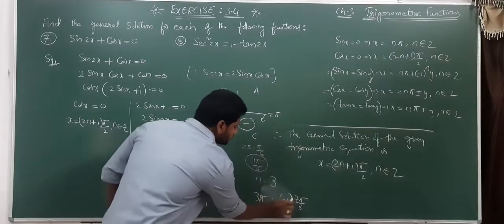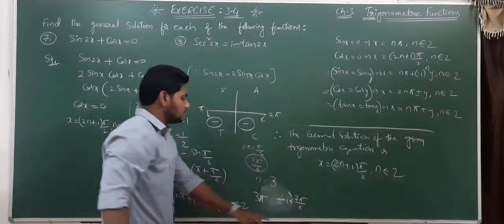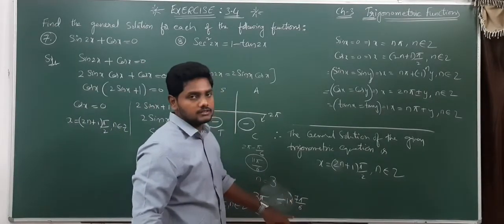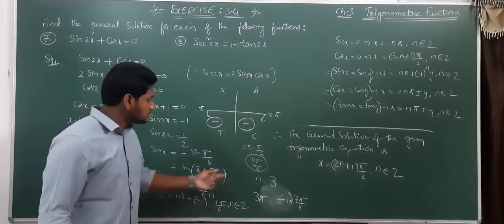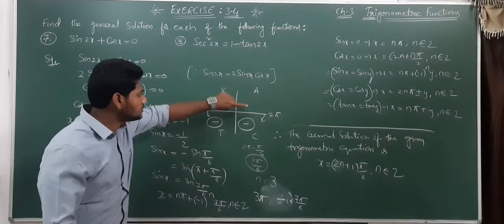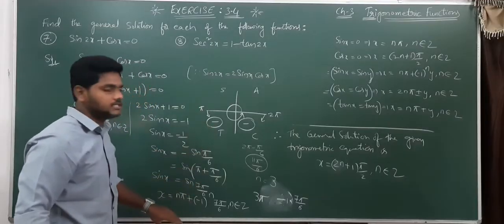This plus into minus will become minus 1 into 7 pi by 6. So that is 6 times 3 is 18 pi, 18 pi minus 7 pi is 11 pi by 6. That means in this general solution, this one also we will get. So we need not write this. So first value in this rotation, first value we write, that is 7 pi by 6.